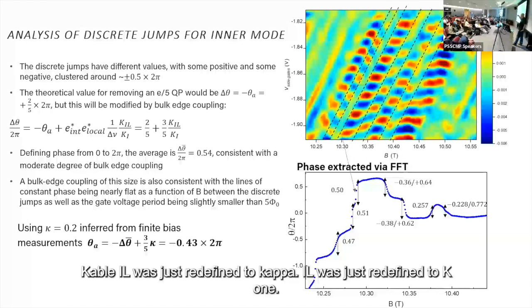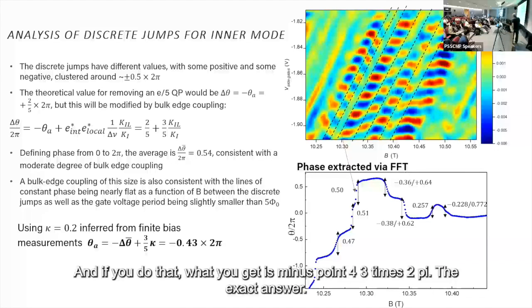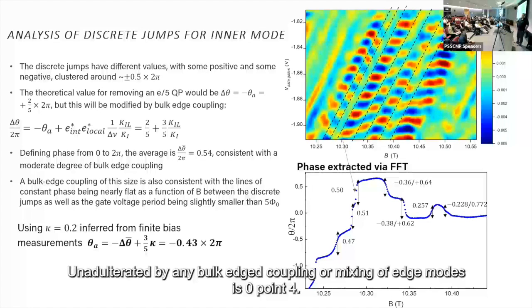KIL is just redefined to K1. This is another paper, so it's a slightly different term. It's the same definition. We're just using kappa to stand for the ratio of KIL to KI. And if you do that, what you get is minus 0.43 times 2 pi. The exact answer, unadulterated by any bulk edge coupling or mixing of edge modes, is 0.4.